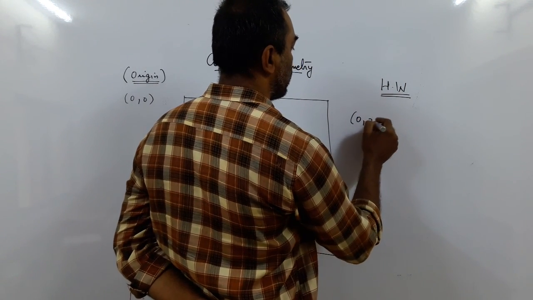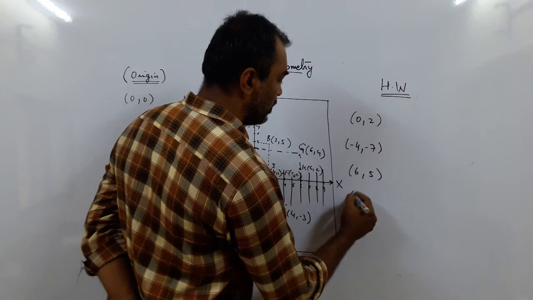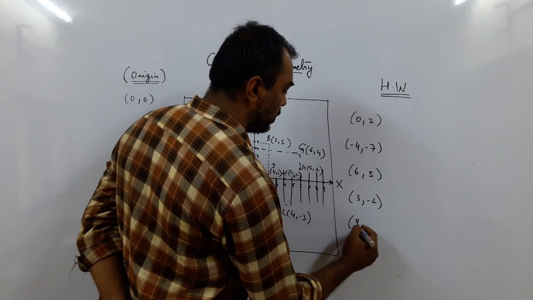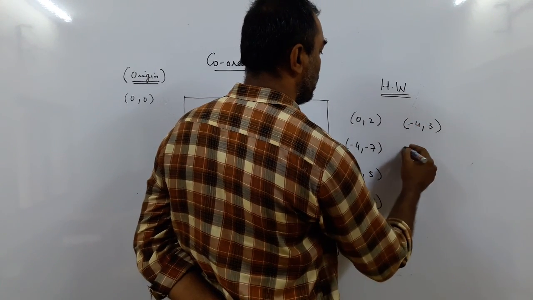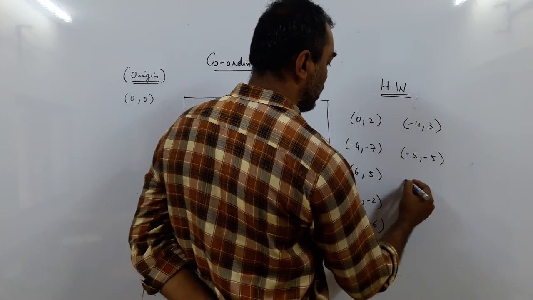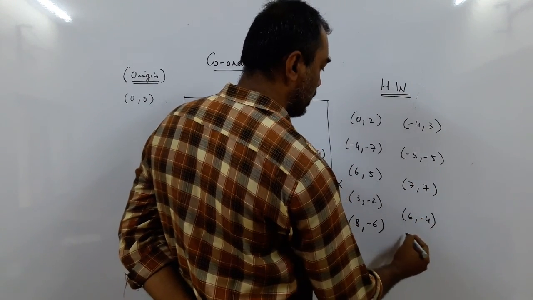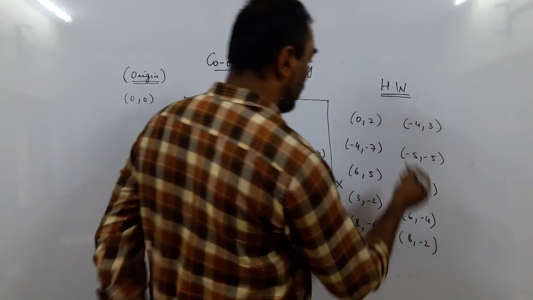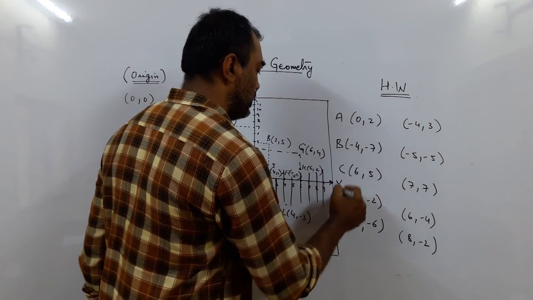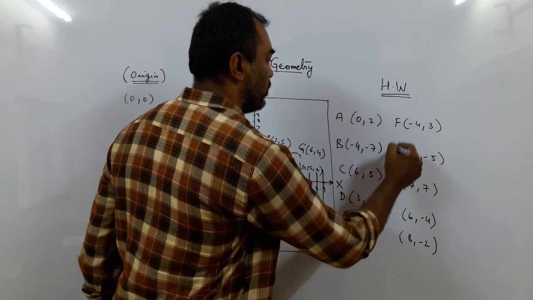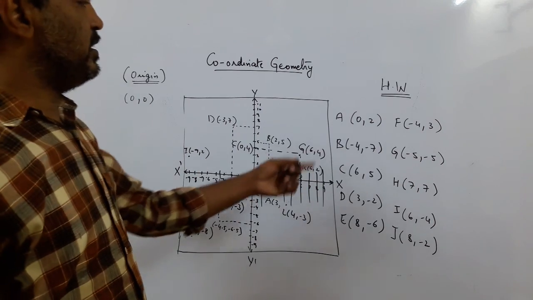So let us have the points (0, 2), (-4, -7), (6, 5), (3, -2), (8, -6), (-4, 3), (-5, -5), (7, 7), (6, -4), and (8, -2). I have given some random points here, 10 random points. Call them by the name A, B, C, D, E, F, G, H, I, and J.